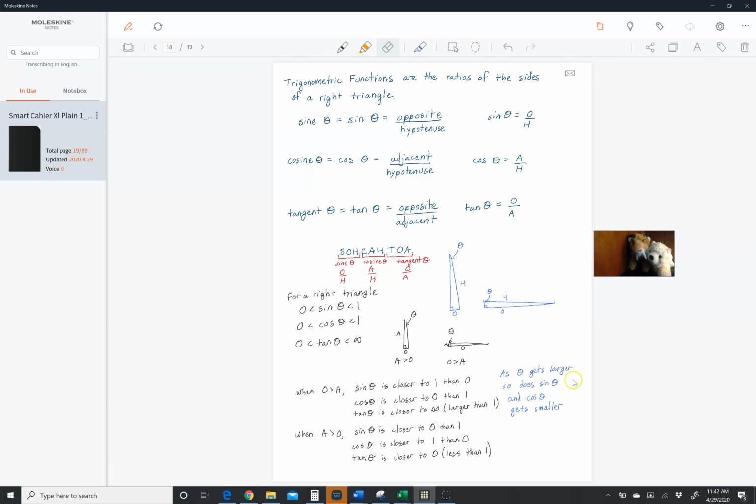Okay, and our opposite is getting bigger, our adjacent is getting smaller. That means that this fraction also gets larger. So as theta gets larger, so does the tangent of theta.